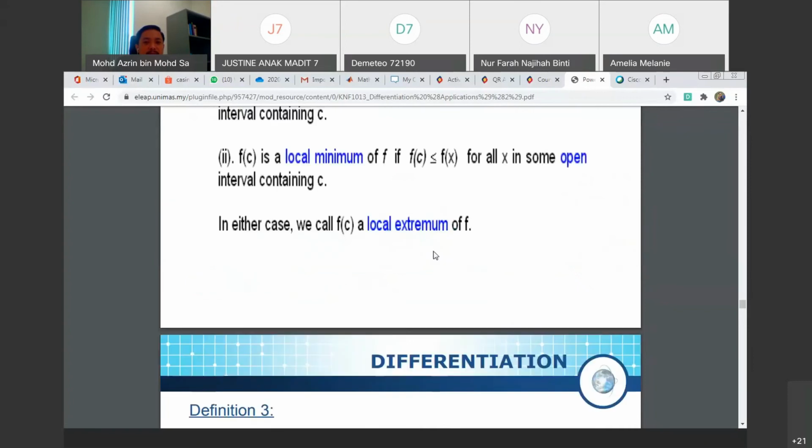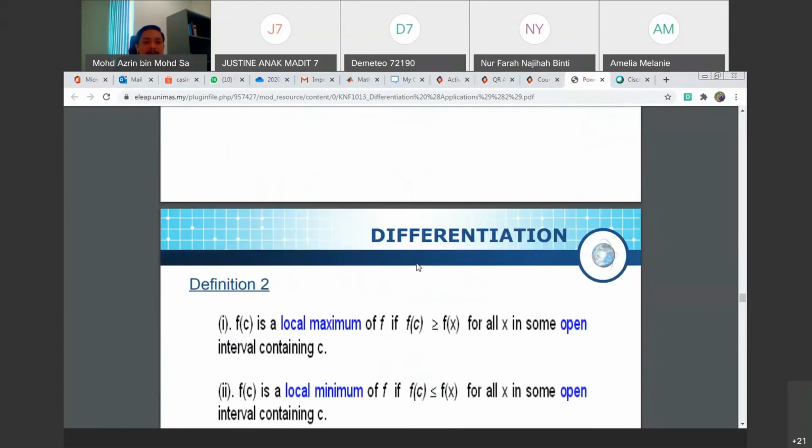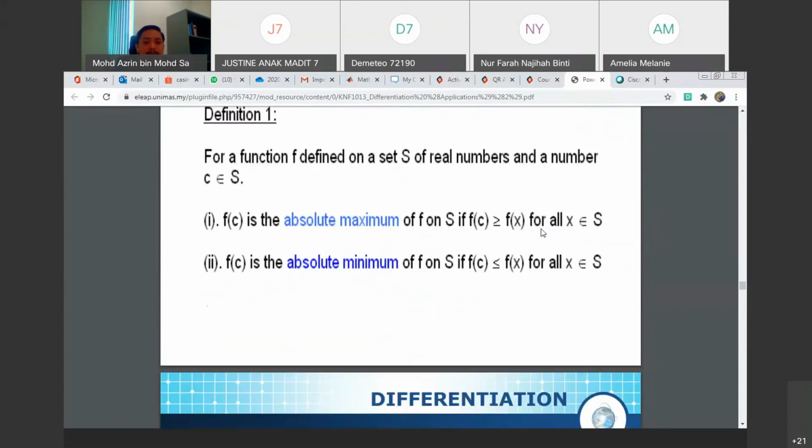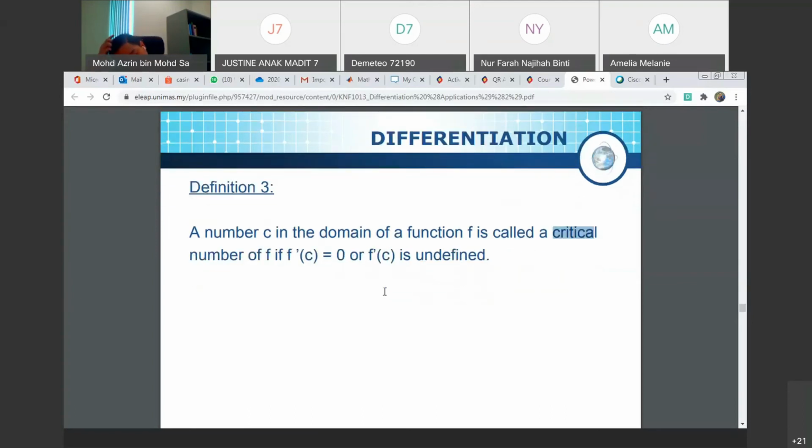So earlier, if f(c) is bigger than f(x) for x in a certain interval containing c, it is local. If absolute, it is for x in the subset S. Alright, when we get a function, for example y equals x squared plus 2, and you insert the value and get 0, it means it is called a critical number, or it is called undefined.